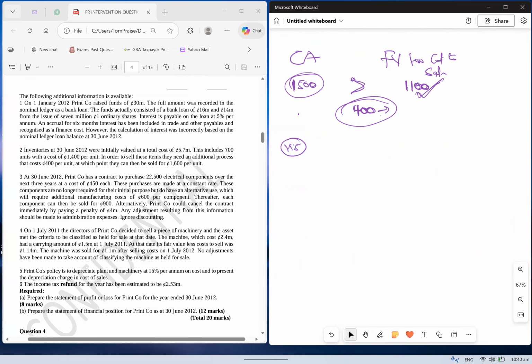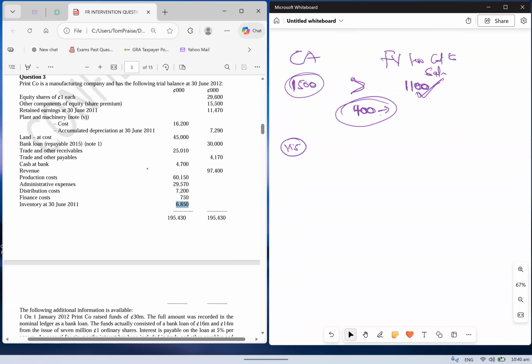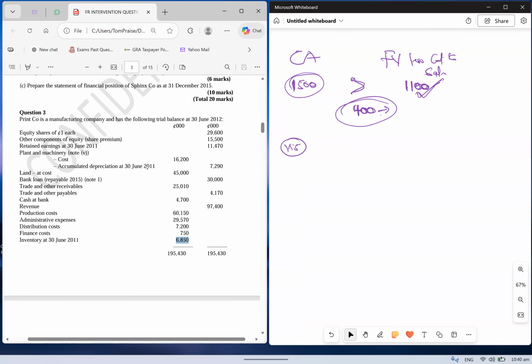Print co decides to depreciate. So that means we need to do our PPE now. So how many assets do we have? We have plant and machinery and land.